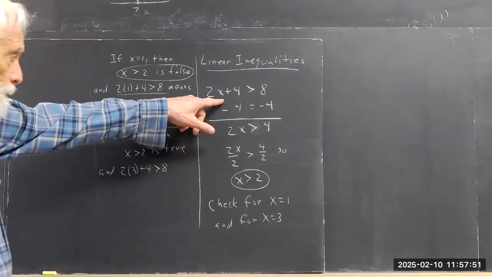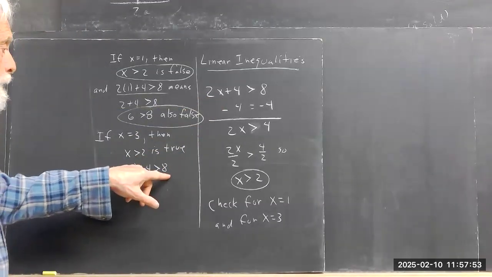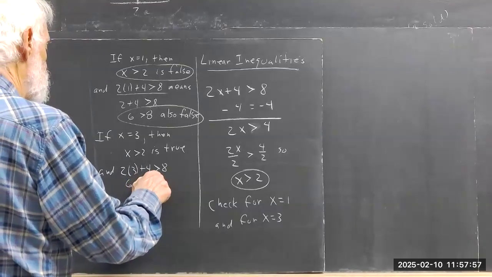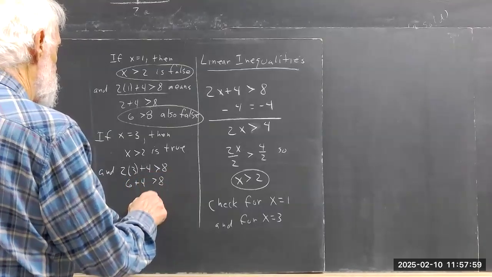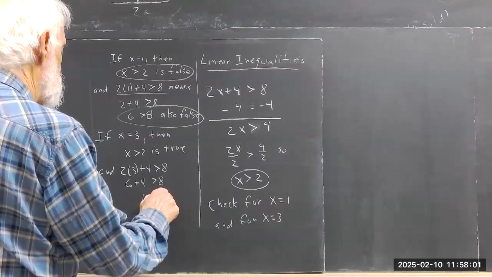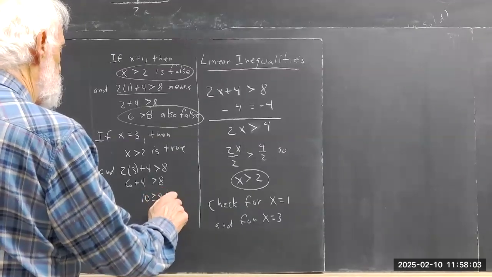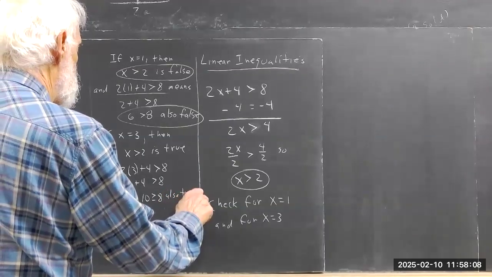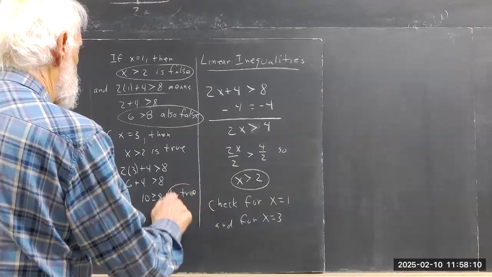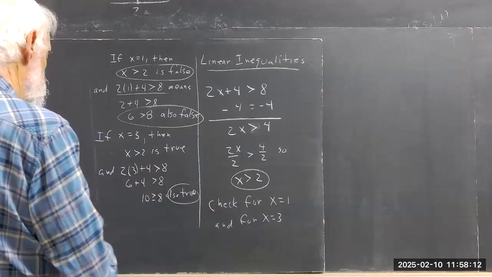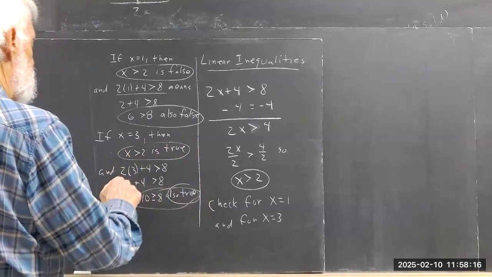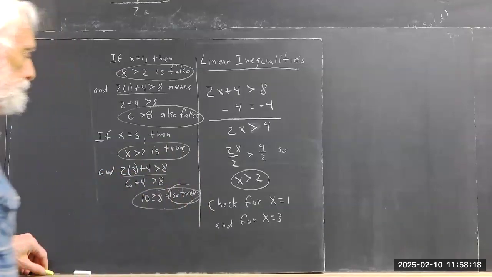And what we get when we substitute here, 2 times 3 plus 4 greater than 8 gives us 6 plus 4 greater than 8, which gives us 10 greater than 8. That's also true. This is true, and this is true.